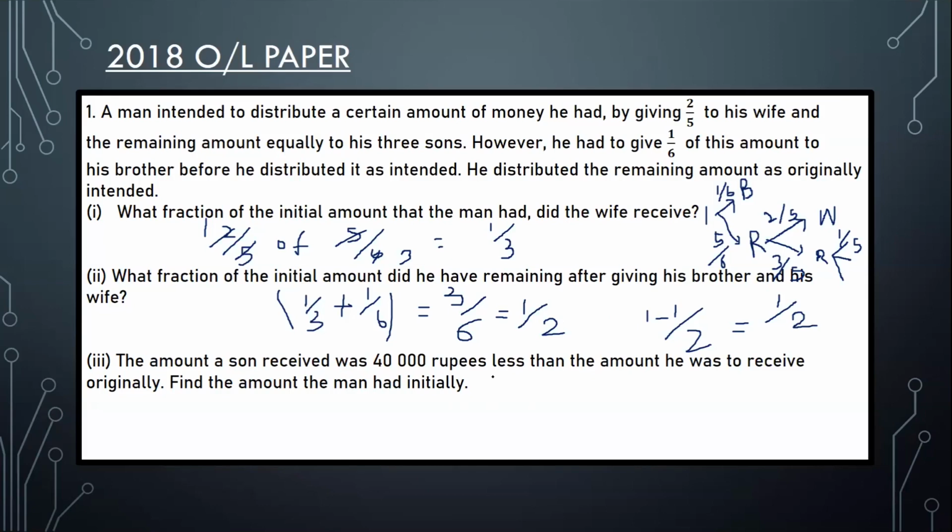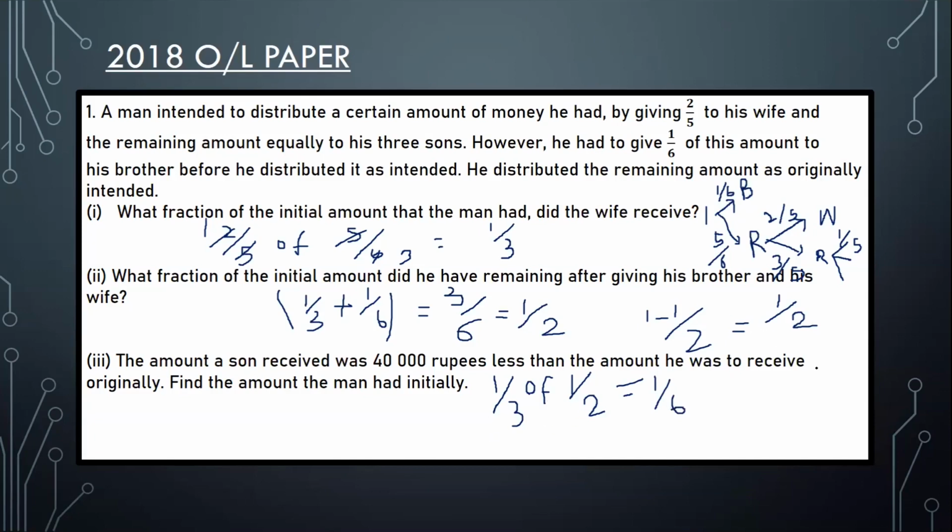So that means one son is going to get 1/3 portion of half. That means now, not before, after giving to his brother. So that is going to be equal to 1/6. That means they are going to get 1/6 portion.